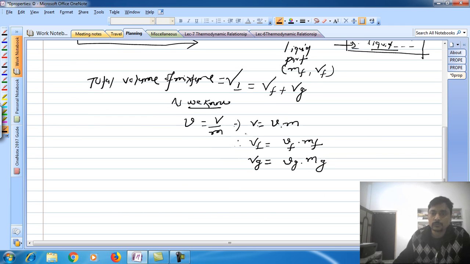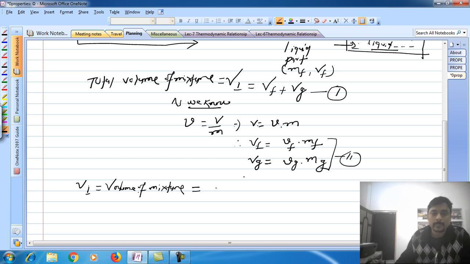Let's call this equation number 1 and this equation number 2. So from equation 1 and 2, we find that V1, the volume of the mixture, is given by these two terms.